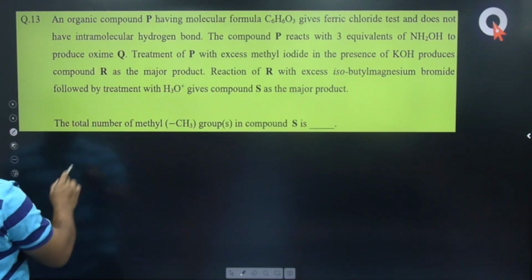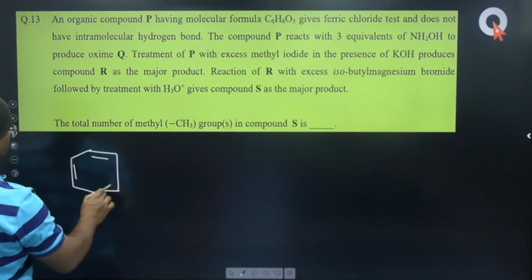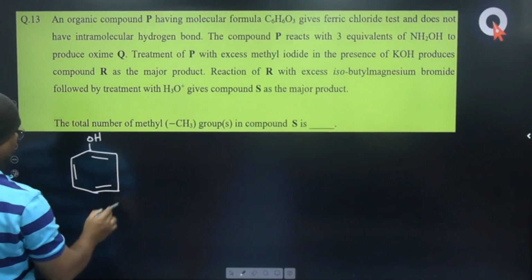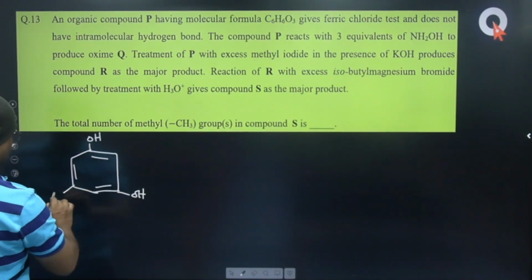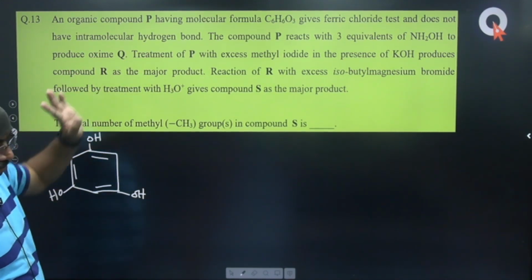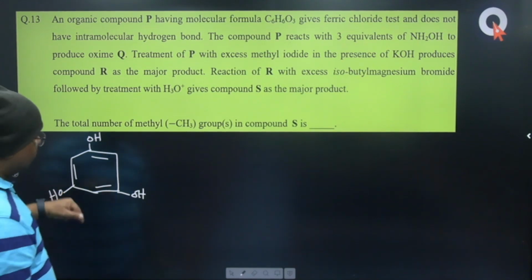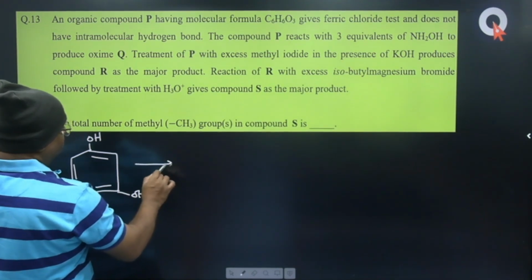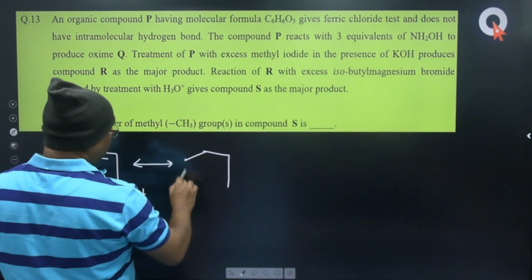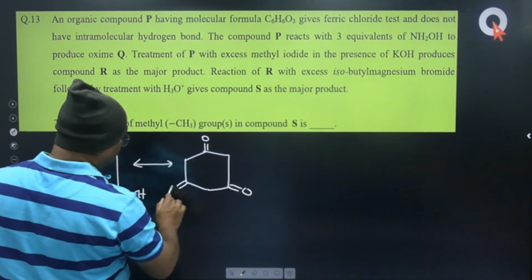So your P has to be maybe like this, which is giving OH, OH, OH, because O3 are there. And if it is at the meta position, it cannot form hydrogen bonding. Then next, this will have a resonance structure where it can exist as C=O, C=O, and C=O.